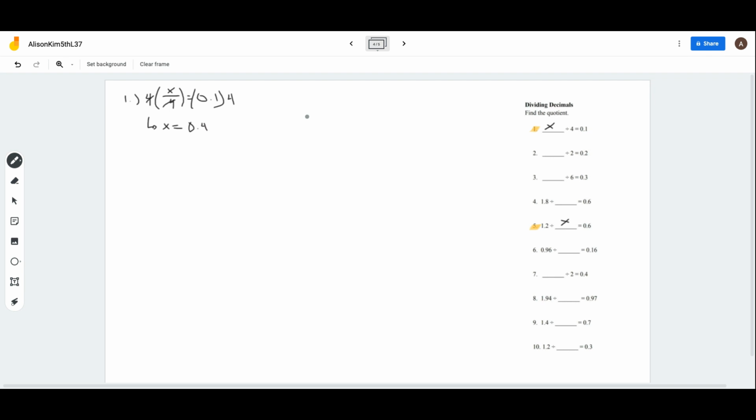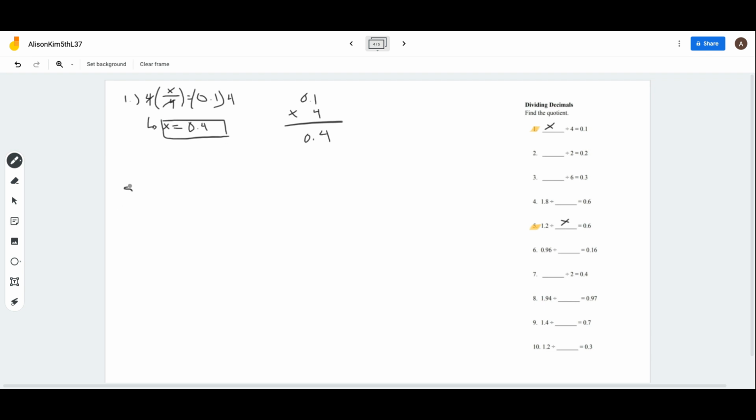And you could check your answer. 0.1 times 4, which gives us 0.4. And our final answer will be 0.4 for number 1.